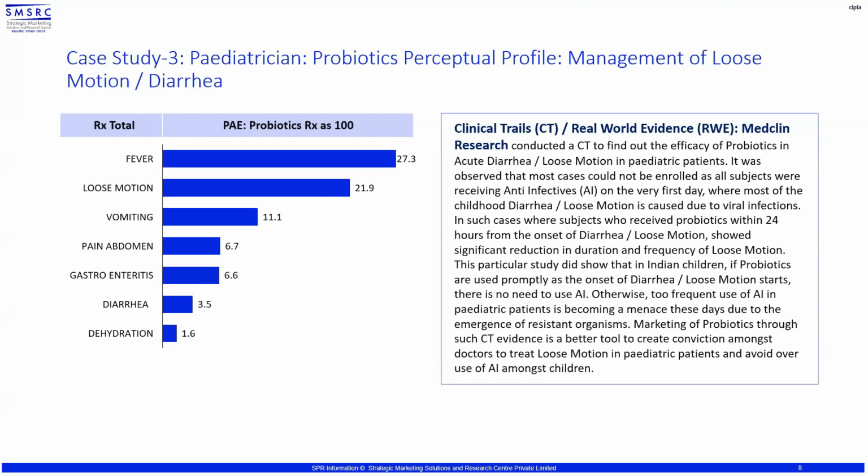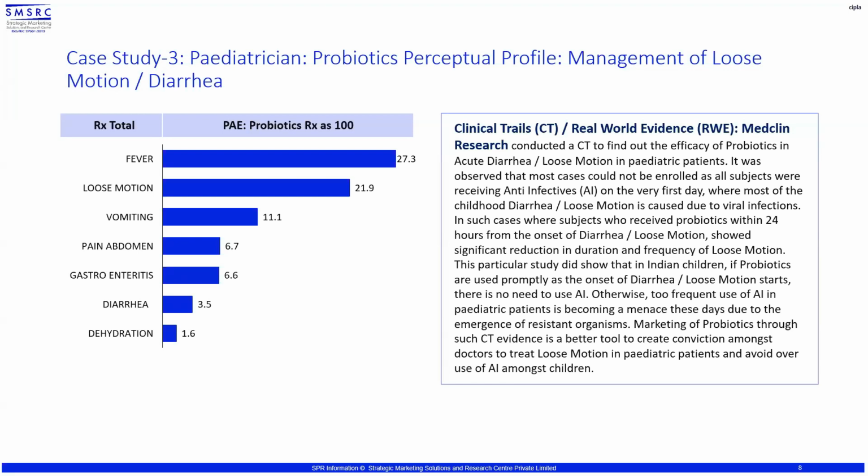so that they do not get resistant organisms. If the baby starts taking antibiotics from the very childhood stage, the baby is likely to become resistant to various organisms, and therefore it is not so much indicated. Marketing of probiotics through such clinical trials and evidence is a better tool to create conviction amongst the doctors to treat loose motion in pediatric patients and avoid overuse of antibiotics amongst children.